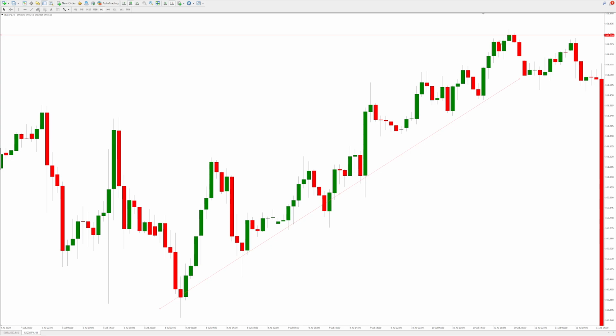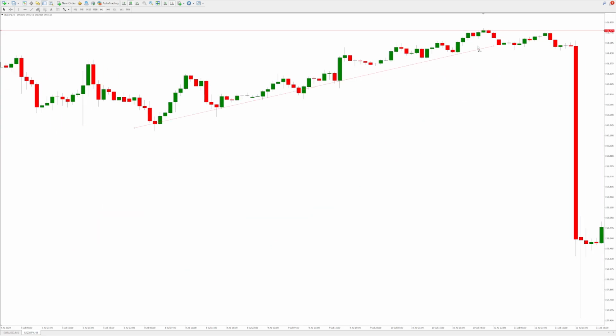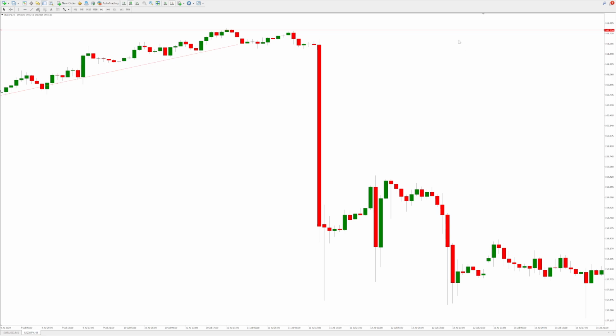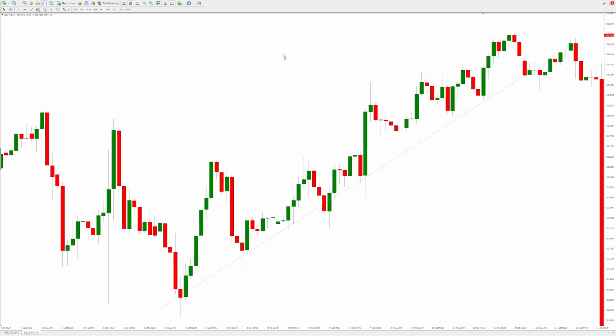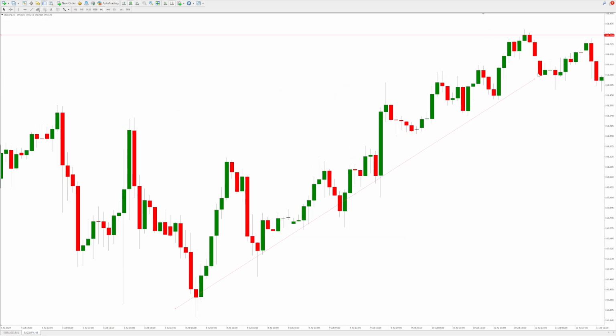Okay, what we are looking for is this resistance level to be hit at least 2 times, hence the name the double top. 1, 2. You don't necessarily need price to hit the level exactly, as long as it comes close enough, as you can see here.